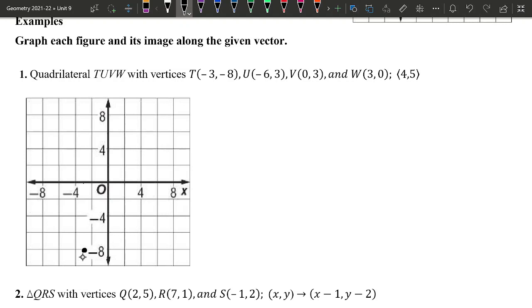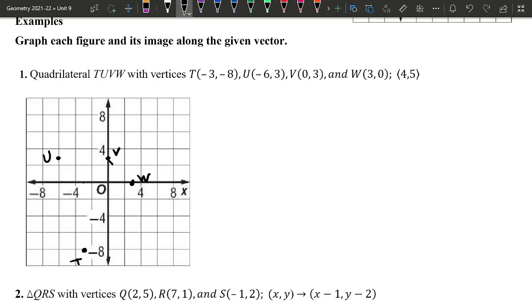U is at (-6, 3). V is at (0, 3). And W is at (3, 0).